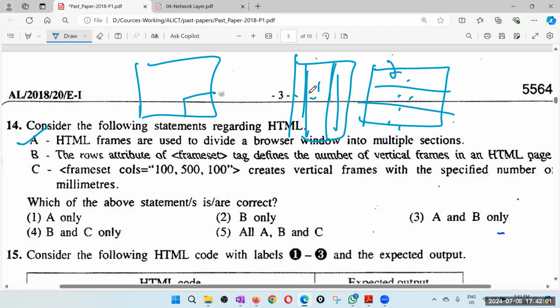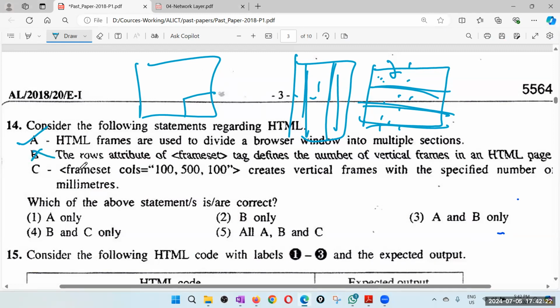The rows attribute of the frameset tag defines the number of vertical frames in the HTML page. No, rows does not mean vertical frames. Rows means horizontal frames. Cols is vertical. So that is wrong.